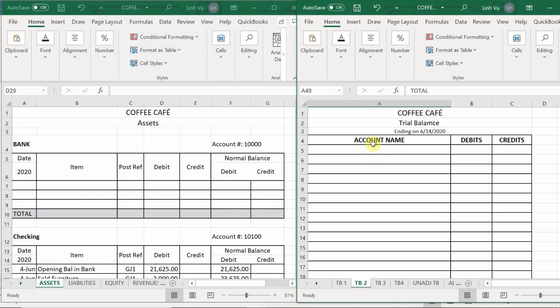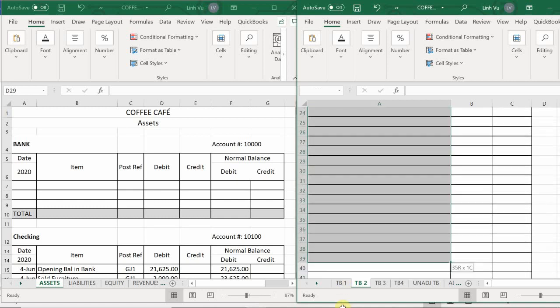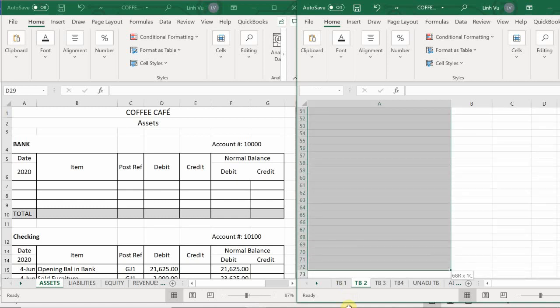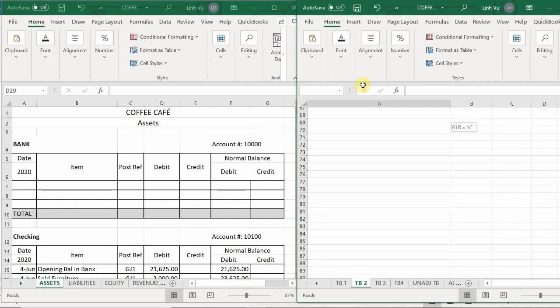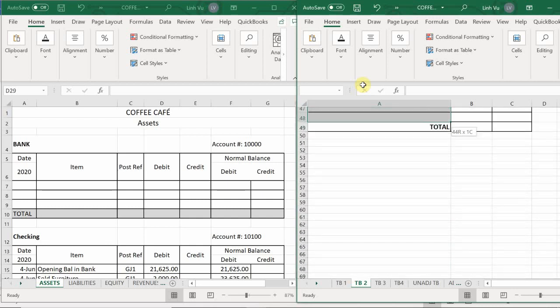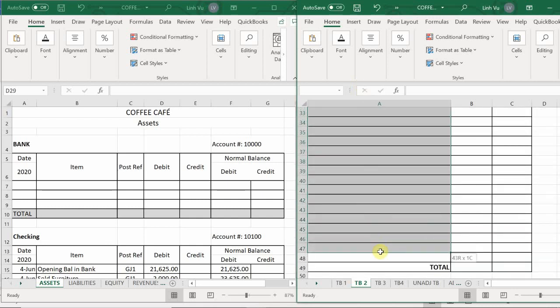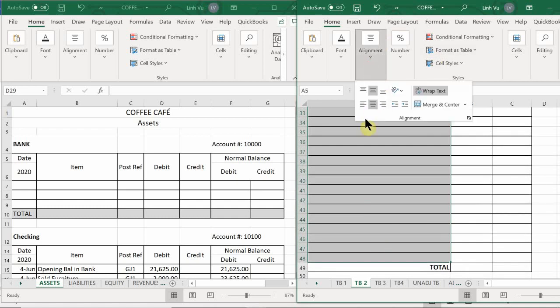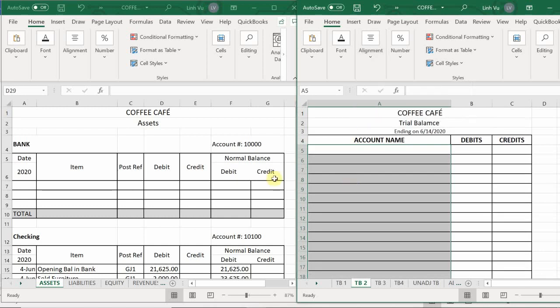So first thing that we have here is a bank account, which we don't have anything in. Then the next thing that we have is my checking account.